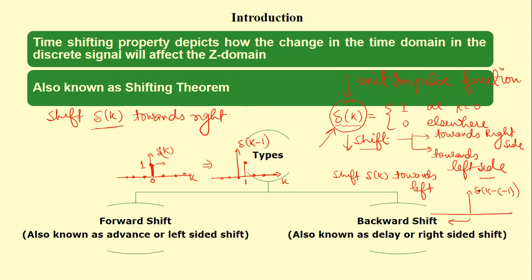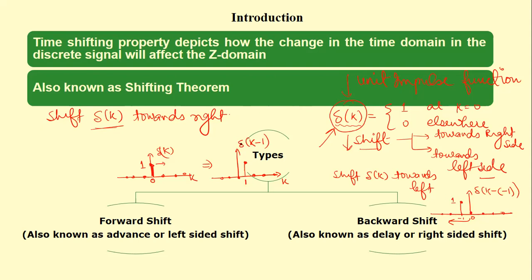We are taking it towards the negative samples. For example, this is 0 and this is minus 1. In this case delta k will exist here, and since it is a unit function, its value will be 1. Elsewhere it is 0.